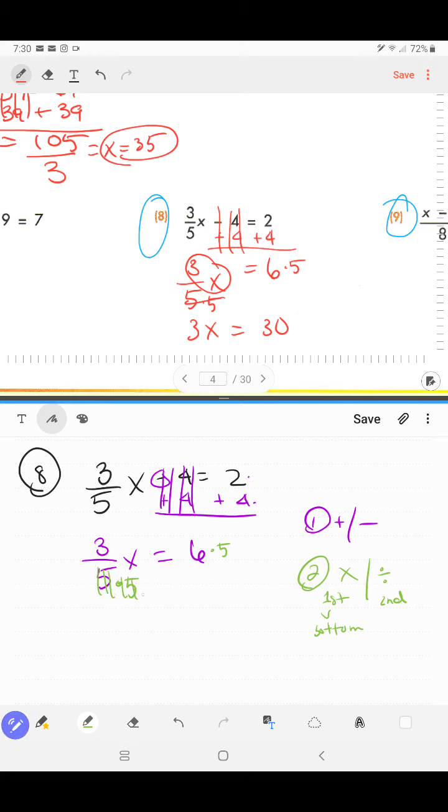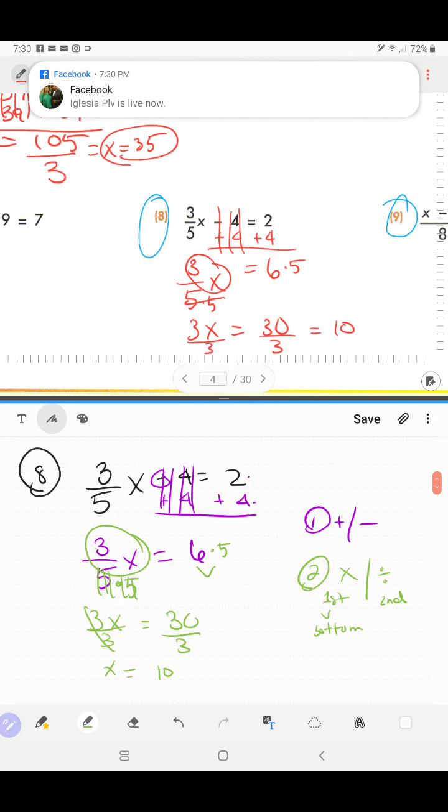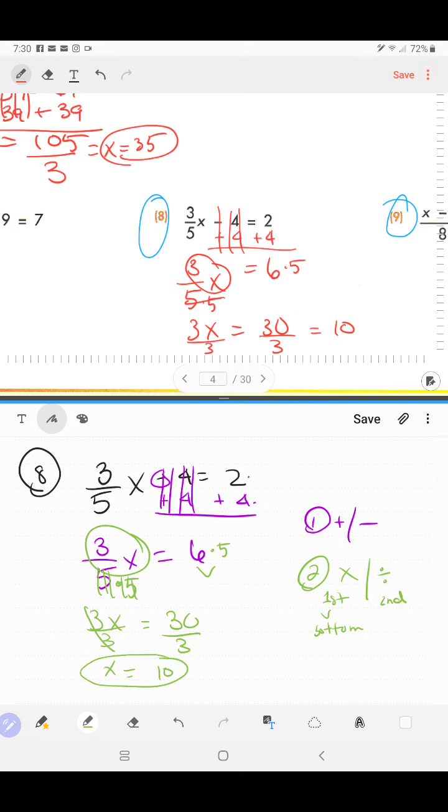That cancels the bottom, brings 3x down. 6 times 5 is 30, and then divide on both sides. So x equals 10.